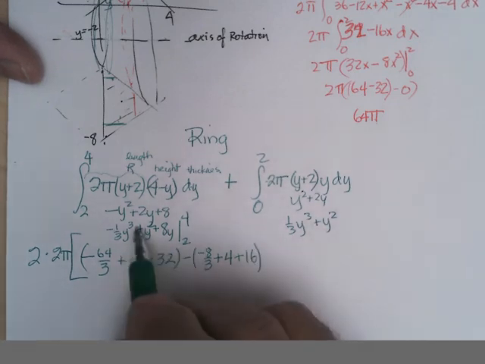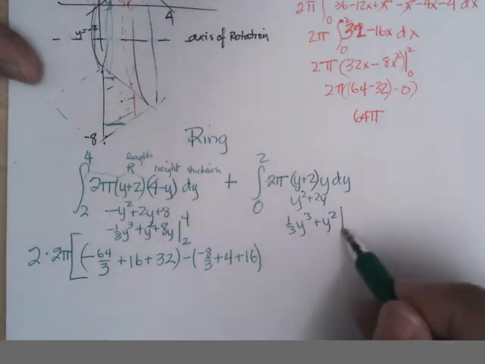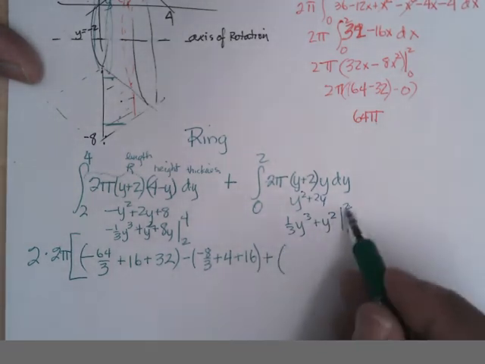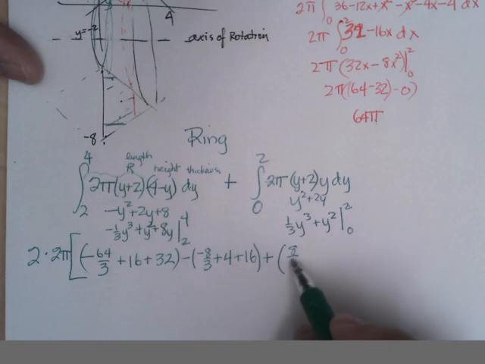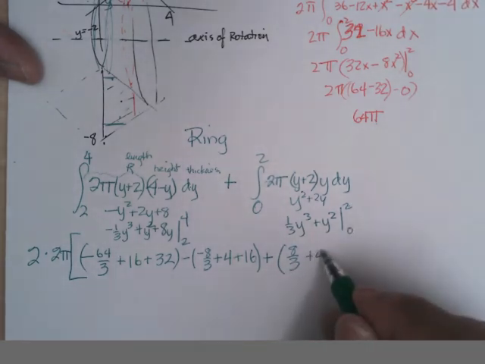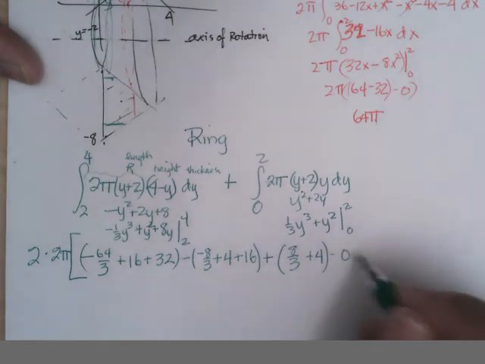And I couldn't put these with this before because the limits are different, so I have to work these separately. And so I have to evaluate this from 0 to 2, so I'm putting 2 in here, and I get 8 thirds plus 4. And then I put in 0, and I get 0.